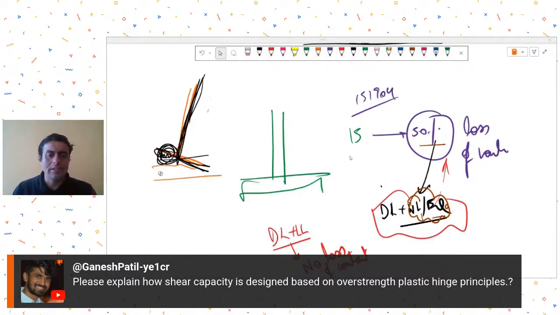He is asking, please explain how shear capacity is designed based on overstrength plastic hinge principles. What does overstrength plastic hinge principles mean?